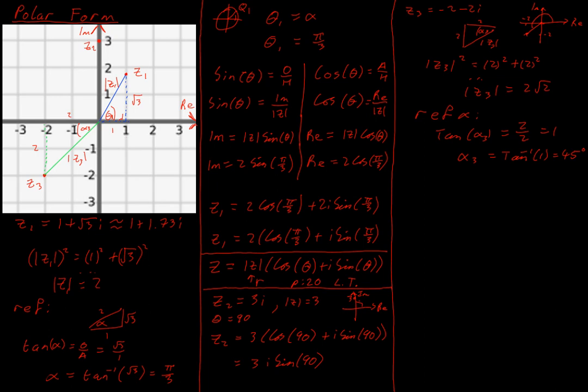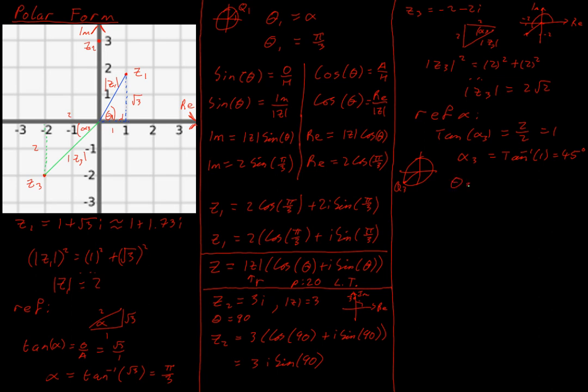So we know that we are at 45 degrees, but that's not the angle to the positive real axis. That's going up to the negative real axis. So we need to figure out what quadrant we're in to figure out what our overall theta should be. Well, we're down here. We're in the third quadrant. So we have gone around 180 degrees when we were in the third quadrant, and then we've gone 45 degrees more.